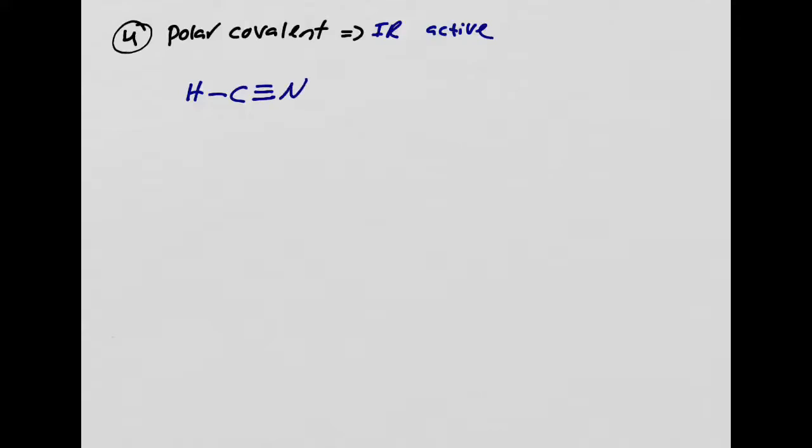Okay, look at this compound over here. This is covalent, this is polar. Bam, you are going to see it on an IR spectrum. Now, let me give you another example. How about this covalent compound? No, this is not polar.